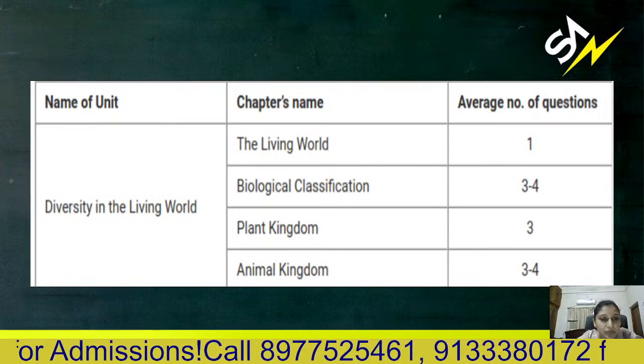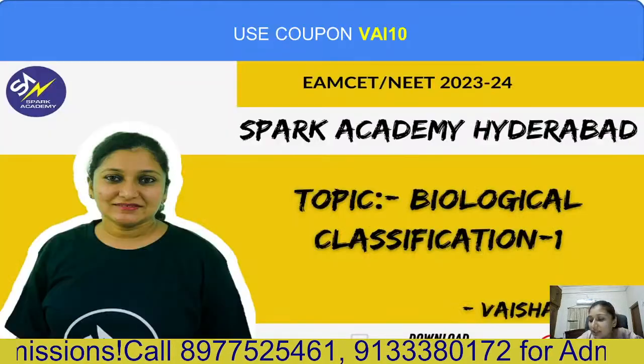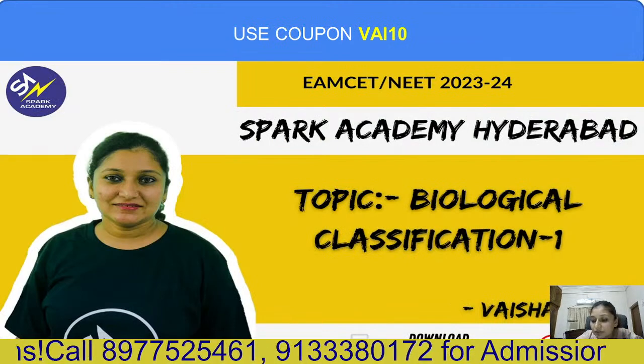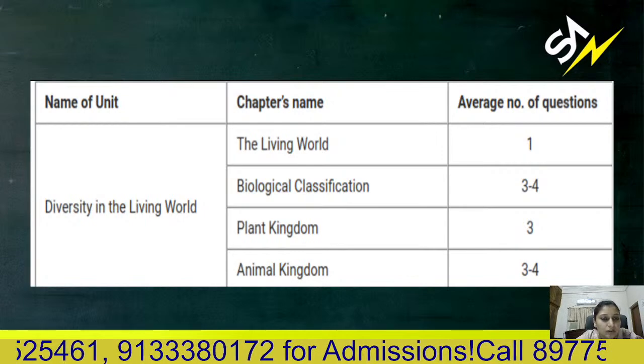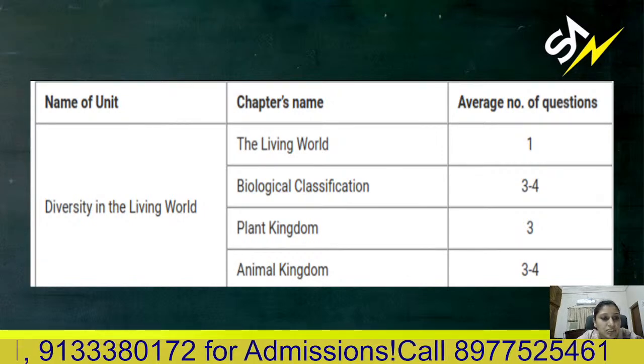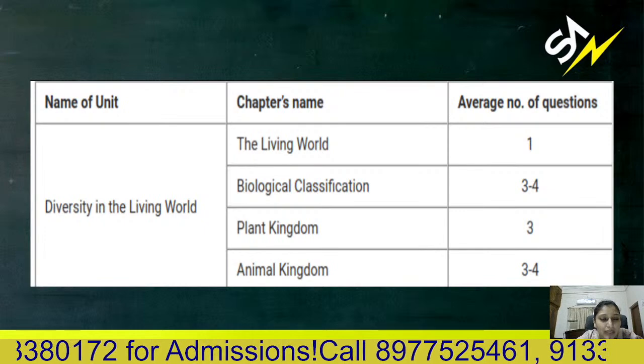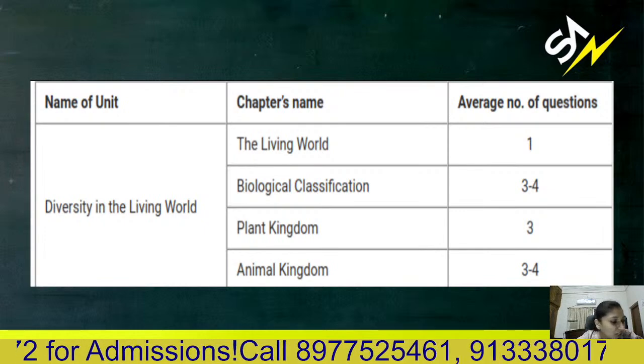This is our topic today, biological classification, the second chapter. Diversity in the living world is unit 1, and the second chapter is biological classification.